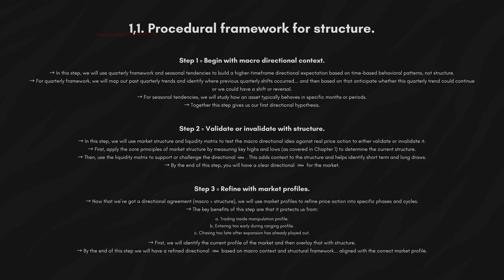But if the directional context isn't aligned with structure, then you would give priority to structure, but you would be much more cautious about the directional idea and much more informed about the existing risk that we have.